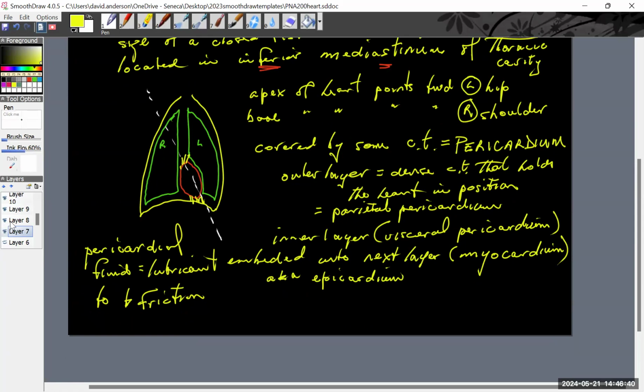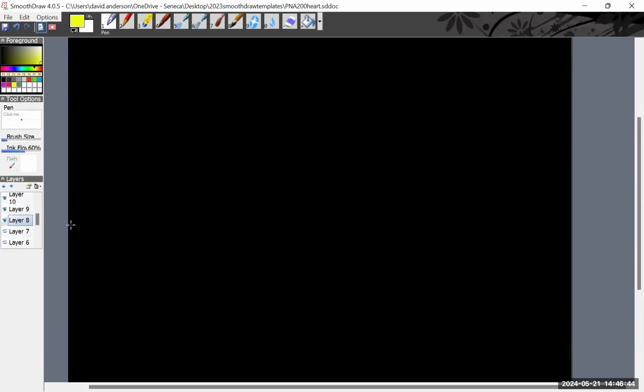Now, when we go to the next layer of the heart, the middle layer, is the myo. So what tissue do we know is going to be associated with the myocardium? Yeah, muscle cell.